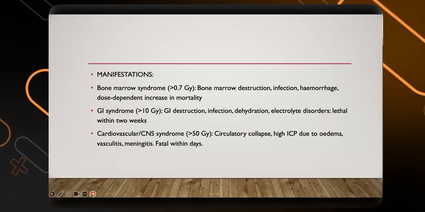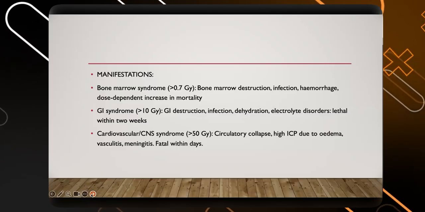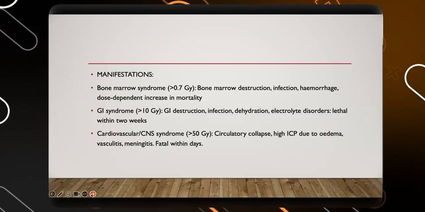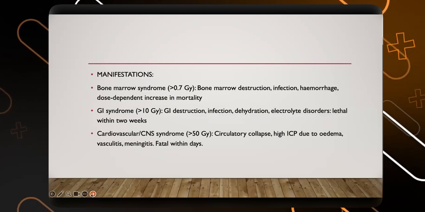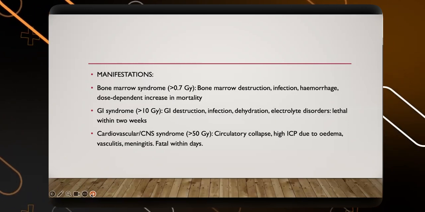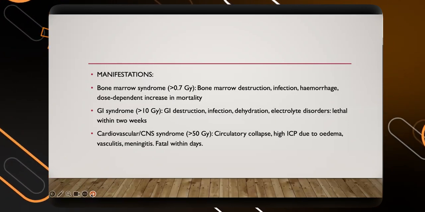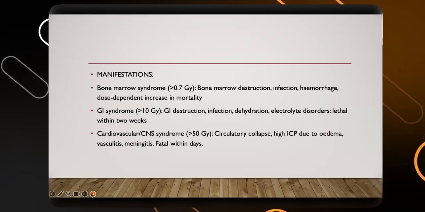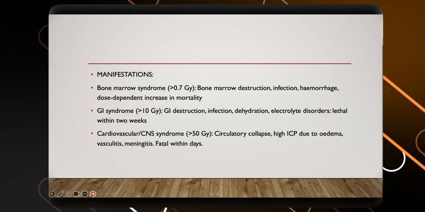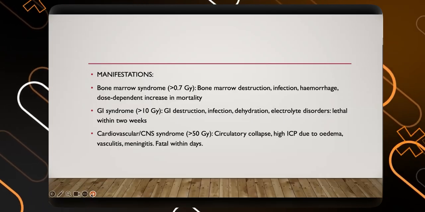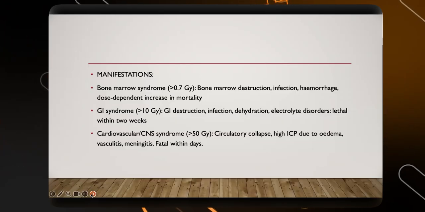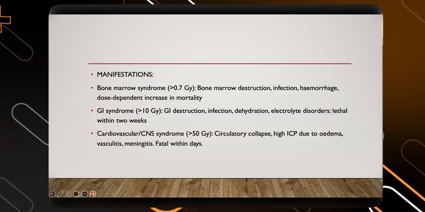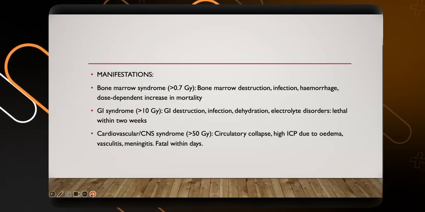GI syndrome, which is greater than 10 gray, leads to GI destruction, infection, dehydration, electrolyte disorders, lethal within 2 weeks. And then cardiovascular CNS syndrome, which is greater than 50 gray, and it leads to circulatory collapse, raised ICP due to cerebral edema, vasculitis, and meningitis. It's fatal within days.